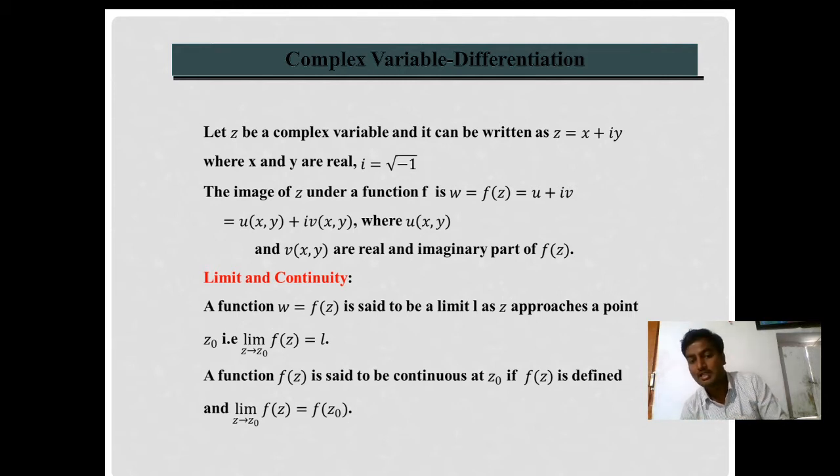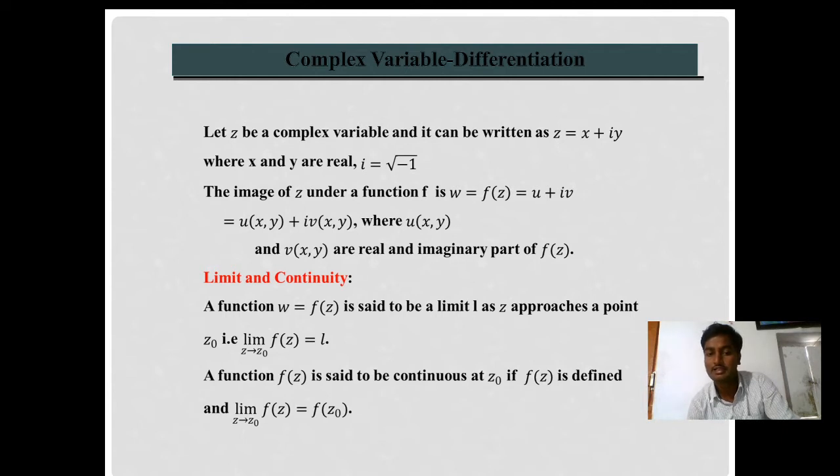So in complex analysis, we have a complex plane. So real and imaginary plane, right? So in this we have limit exists if that is unique in all directions, since it is a complex plane. So that limit is unique in all directions. Any path it is unique.